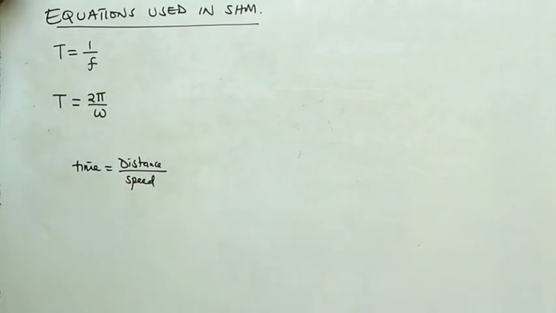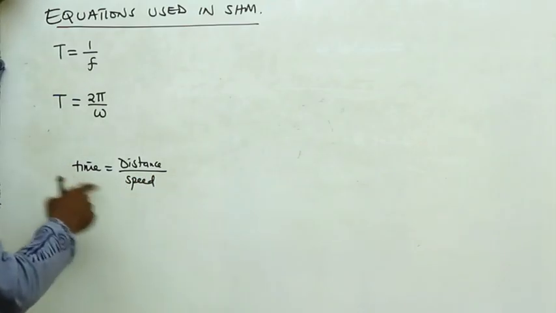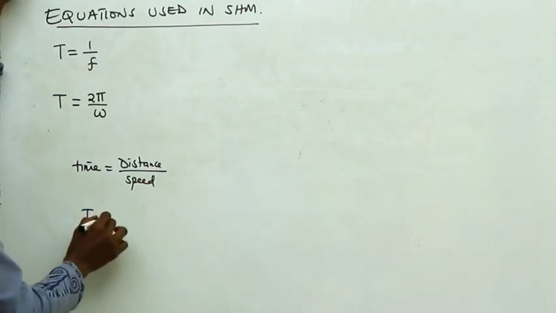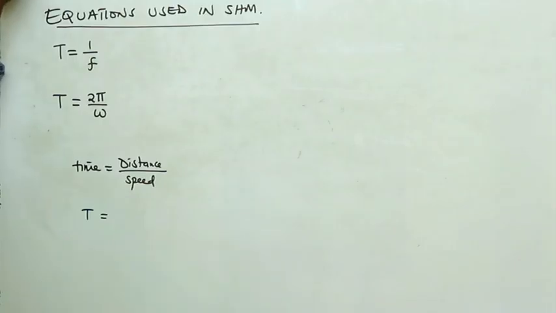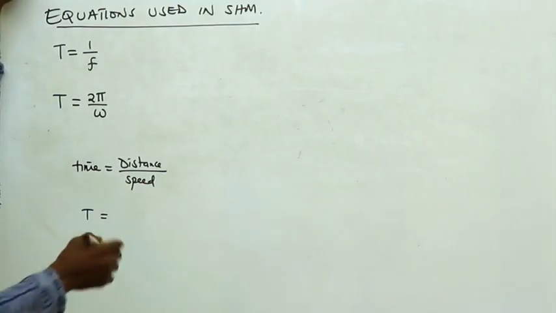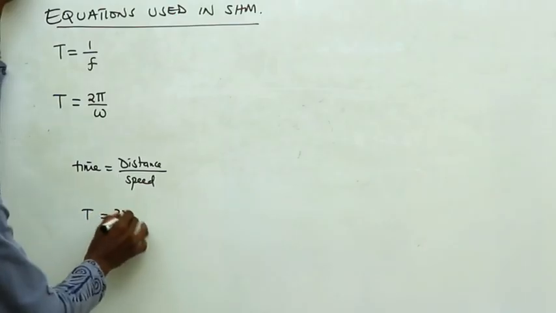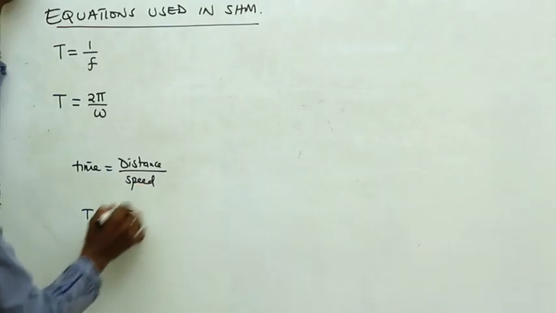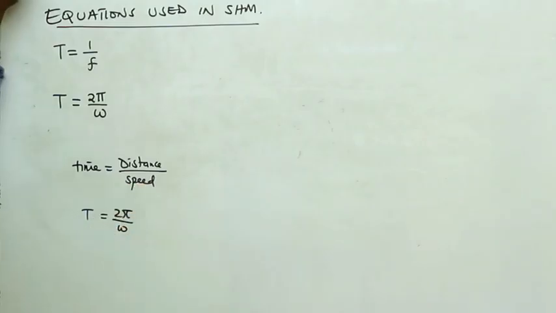So in circular motion, for one complete cycle, the time is the period, which should be equal to the distance, that's the angular displacement, 2 pi, over the angular velocity or angular speed, which is omega. That's how it comes about. T is equal to 2 pi over omega.